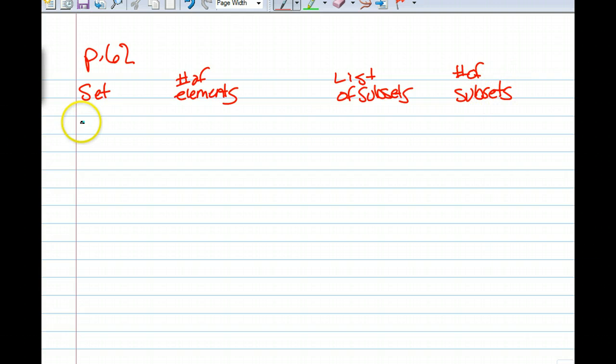Okay, so my first set is an empty set. How many elements do I have in it? 0, correct.